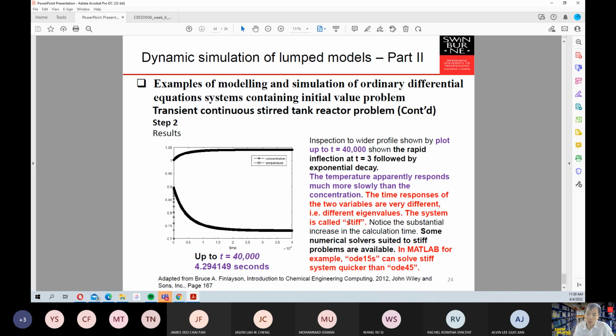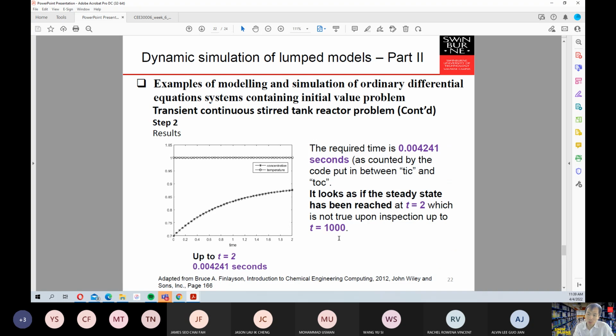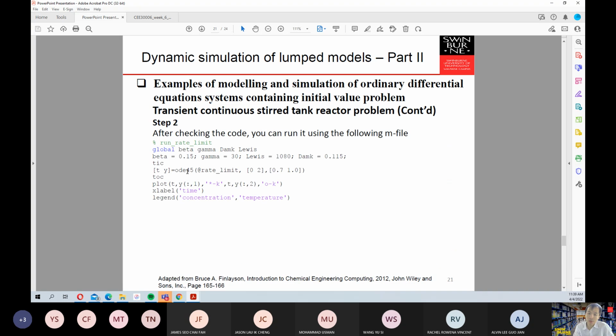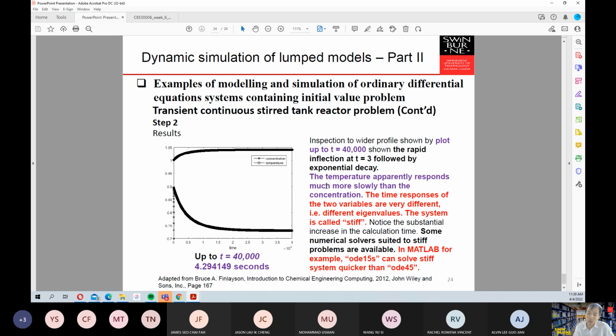If you have a stiff system and you want to save computational time, instead of using ODE45, you need to go into a special MATLAB toolbox ODE solver that can handle stiff systems. One such solver is called ODE15s, for example.